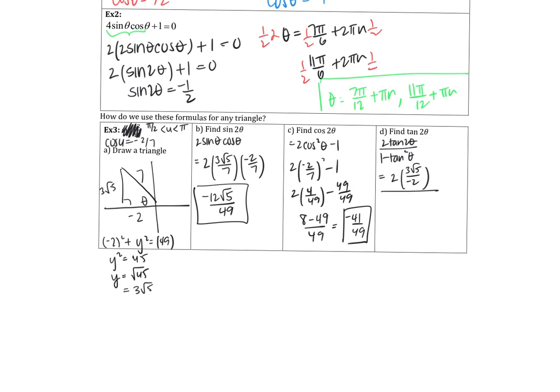And that's divided by 1 minus 3√5/2, -2 squared. All right, let's deal with this. So these cancel out, and in the numerator, I'm left behind with -3√5 over, let's work with the denominator. 3 times 3 is 9. 9 times 5 is 45.